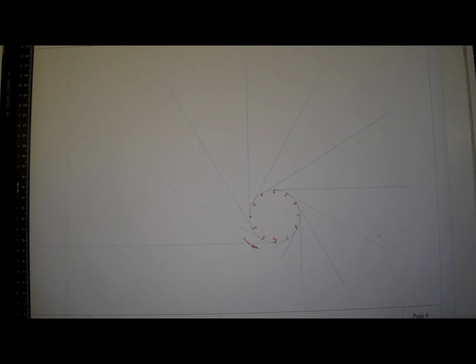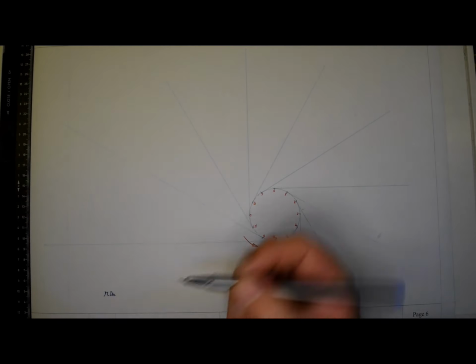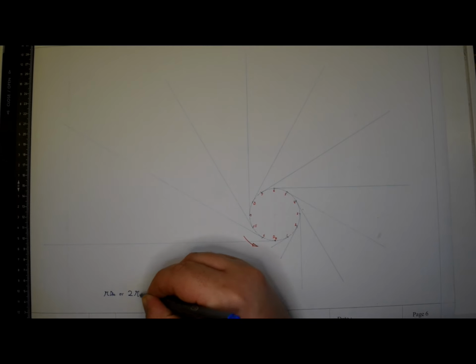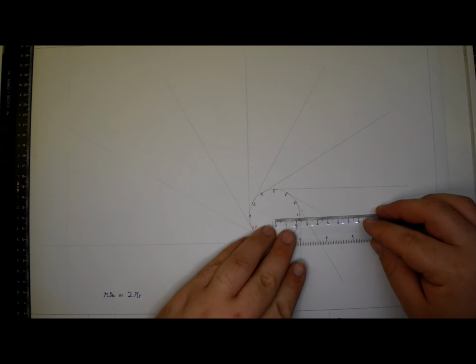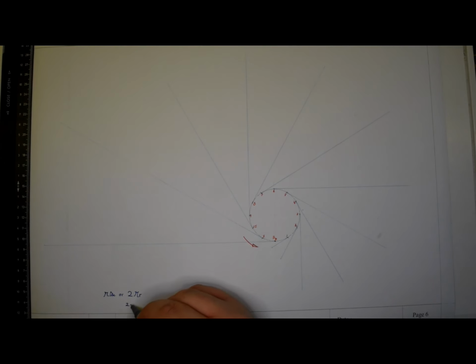Third, extending all tangential lines. This is where method 2 is different. We will have to find the exact length of the circumference of the circle. This is done by using a simple mathematical equation, pi d or 2 pi r.